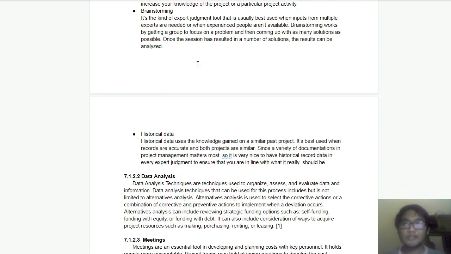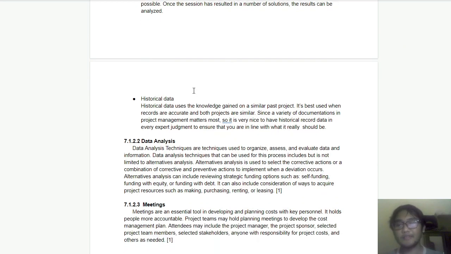So it's like normal brainstorming, where we have a discussion that will focus on a problem, and this will result in lots of solutions.